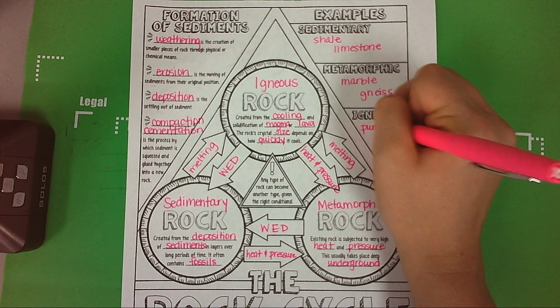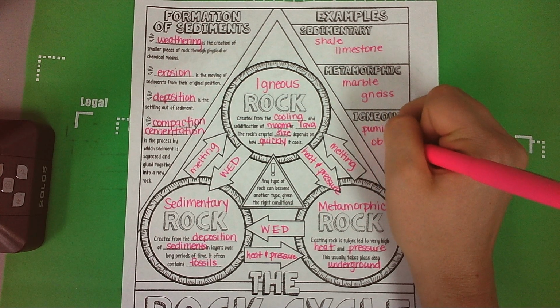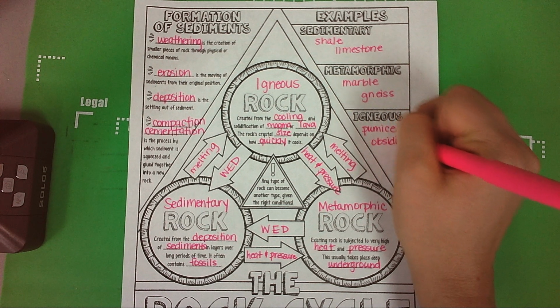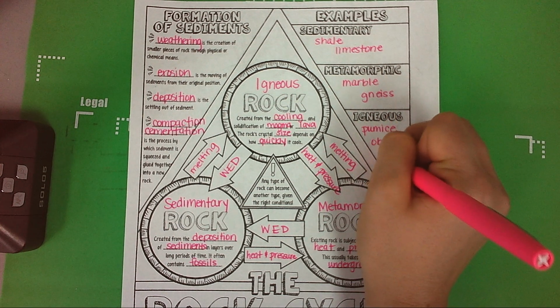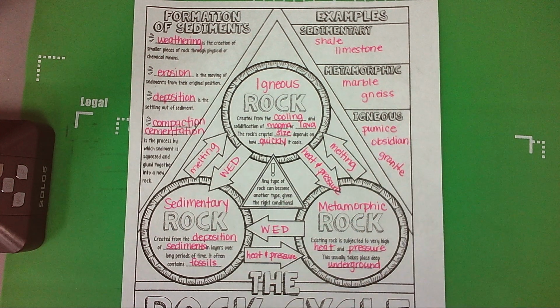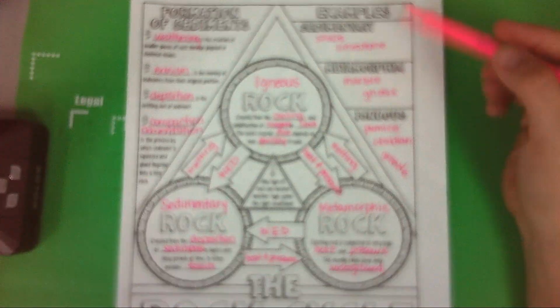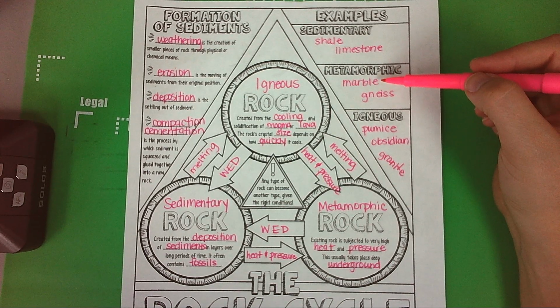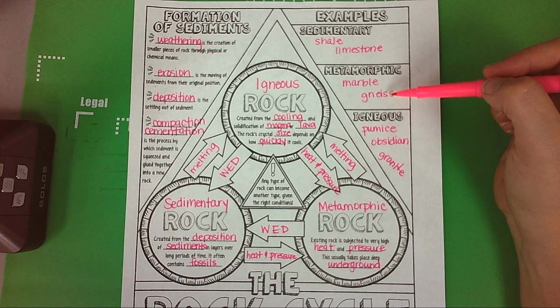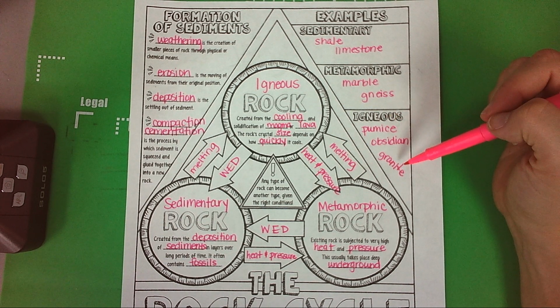Pumice is an example of igneous rock. Obsidian and granite. Okay, so examples of sedimentary rock: shale and limestone. Metamorphic rock: marble and gneiss. Igneous rock: pumice, obsidian, and granite.